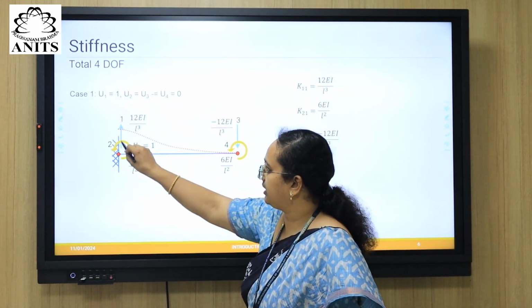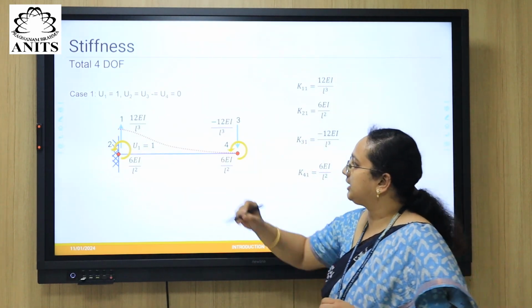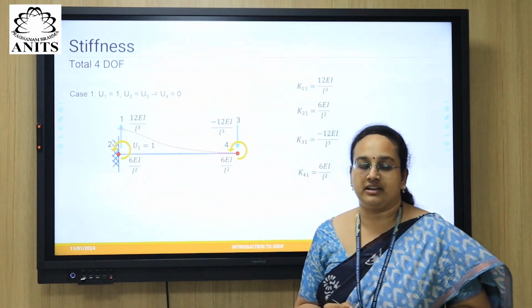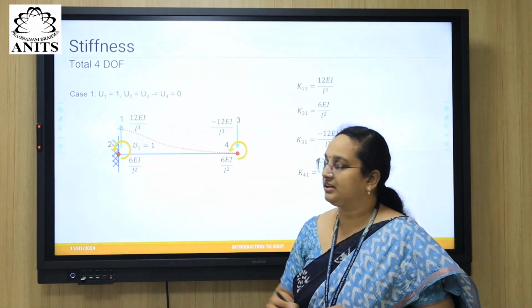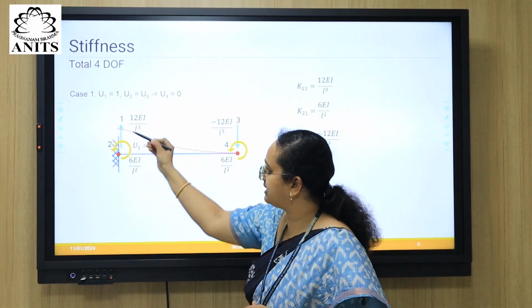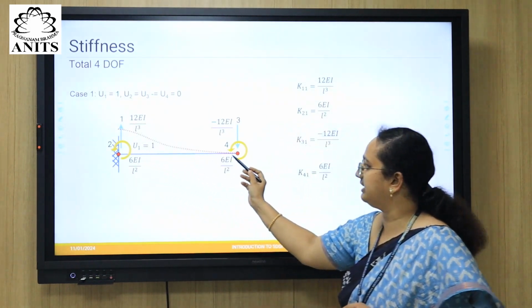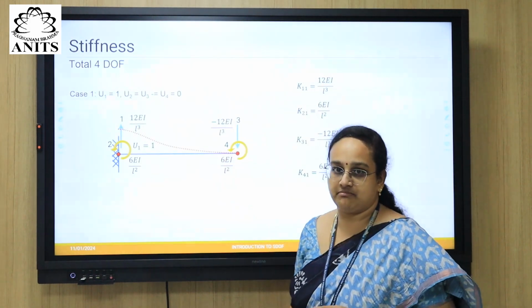Because it is a rigid joint, it has to ensure 0 rotation at that node. If 0 rotation has to happen, what should get developed? An anti-clockwise movement has to get developed such that this doesn't fall down. The dotted line indicates the imaginary displacement that is going to happen in the beam.